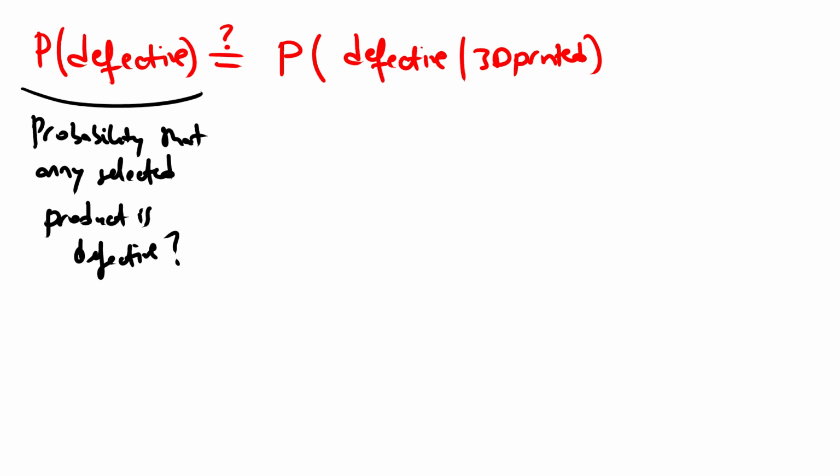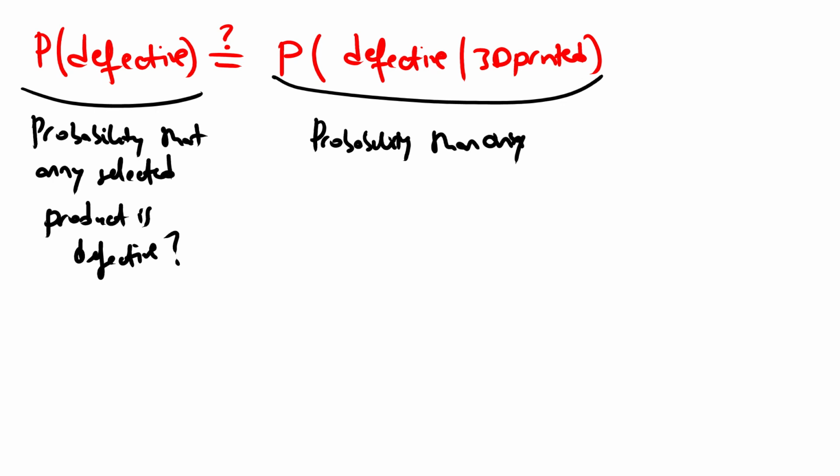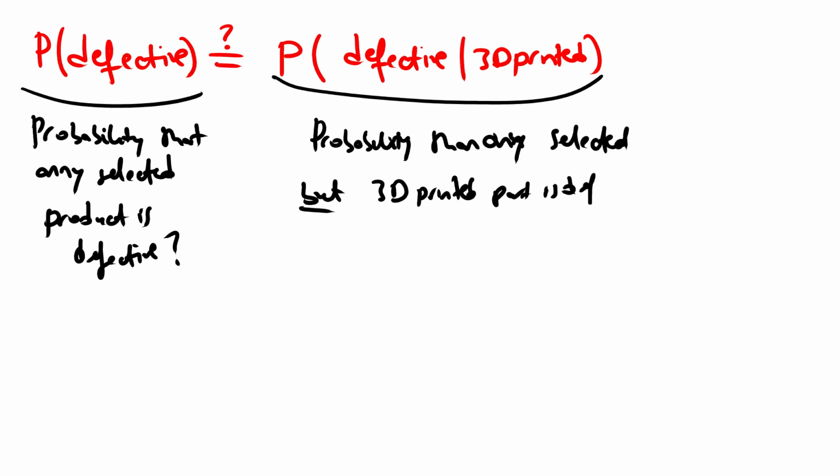The right-hand side says, what is the probability that any selected 3D printed part is defective? So if I randomly select a 3D printed part, what is the possibility that it is defective?